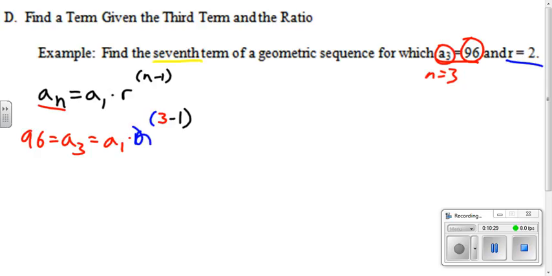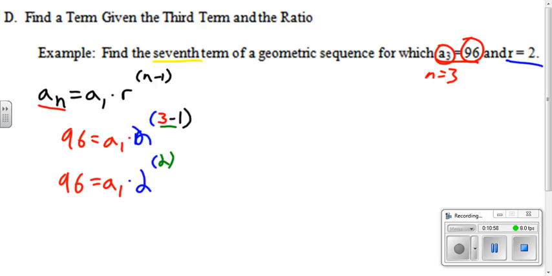We can get rid of this a sub 3 because we know that it's 96. So we would say 96 equals a sub 1 times 2 to the power of 3 minus 1. Well, 3 minus 1 is just 2, so 96 equals a sub 1 times 2 to the power of 2.